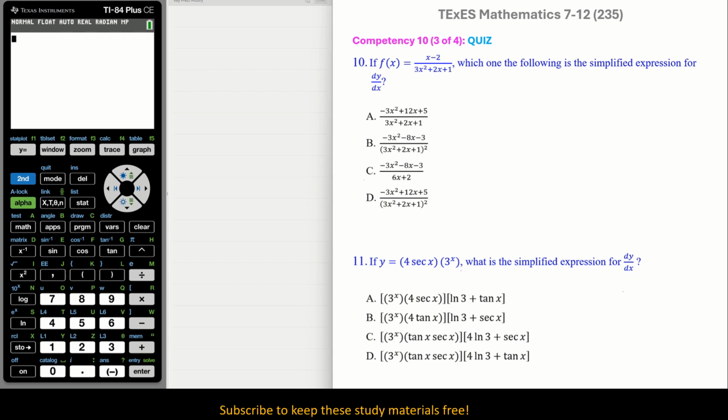What we really need to look for is f prime of g minus f as it is times g prime, and then that will be all over g squared in the denominator.